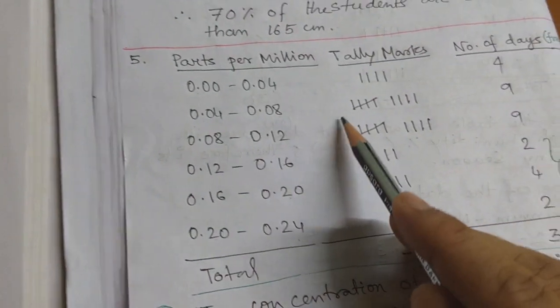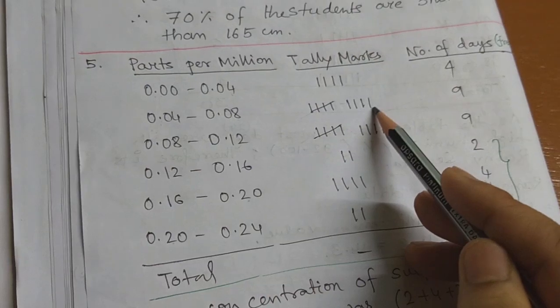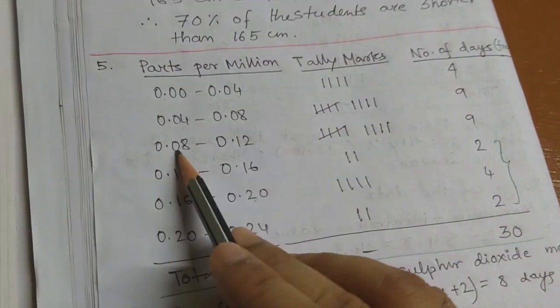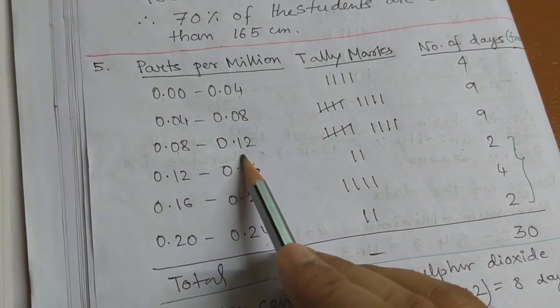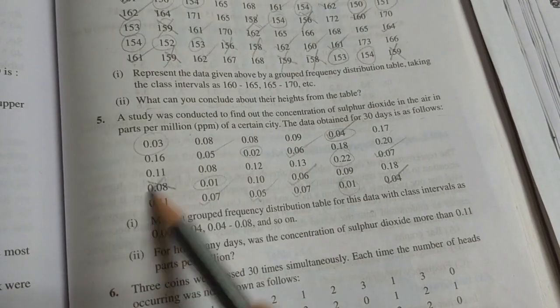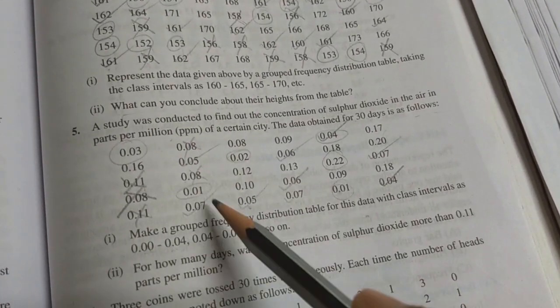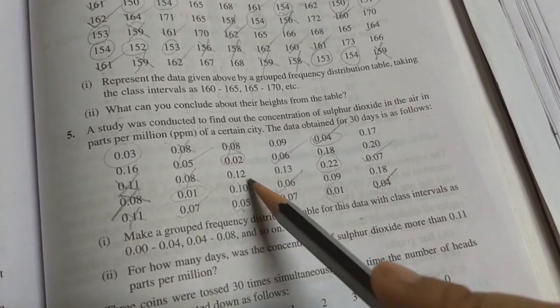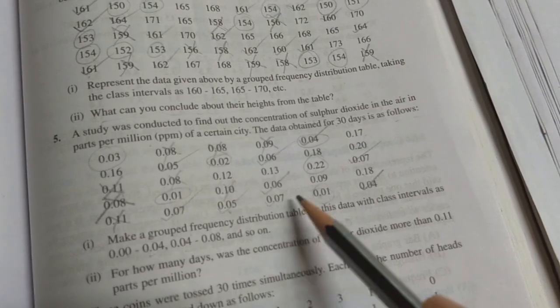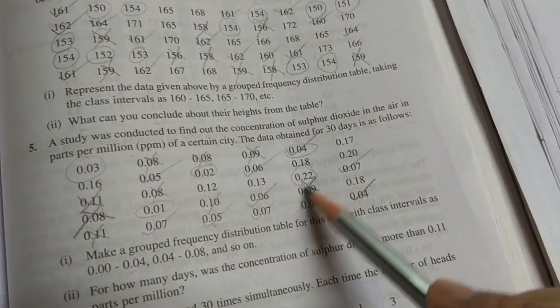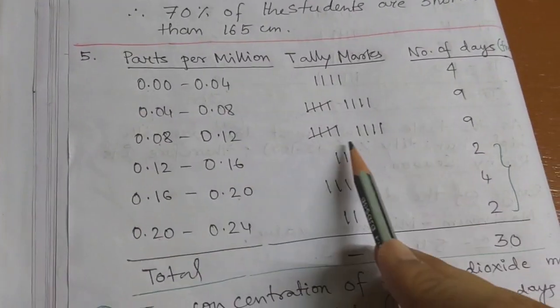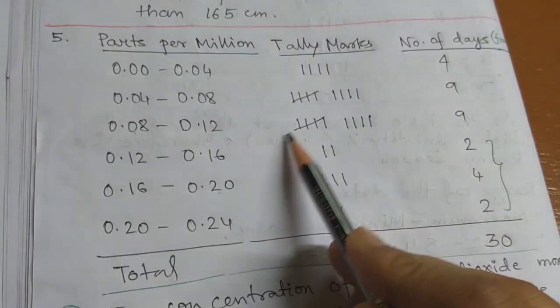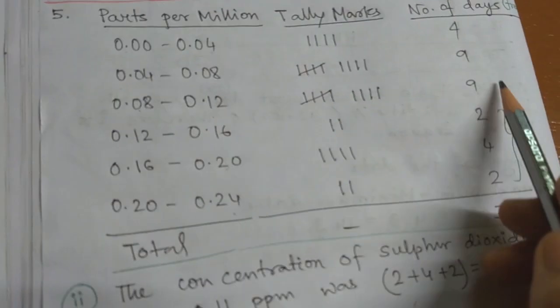So 1 2 3 4 5 cross, 1 2 3 4, 9. Next 0.08 to 0.12. So 1 2 3 4 5 6 7 8 9 data. So let's see, we have 9 data. So 1 2 3 4 5 cross out, 1 2 3 4, 9 data we got.